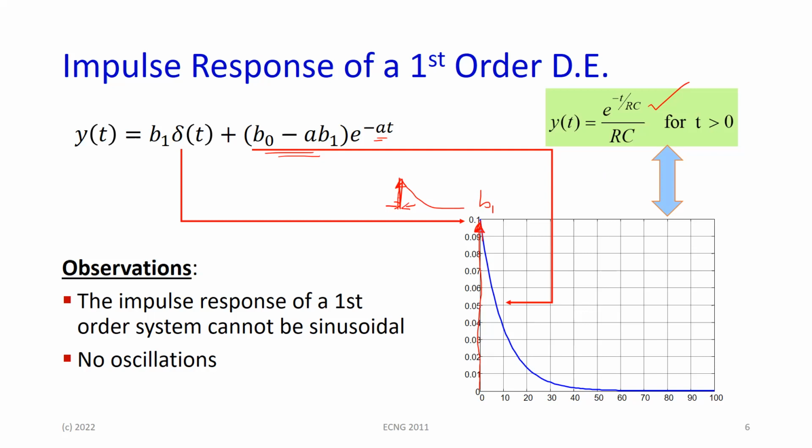So the important thing to draw from this, first off, is that the impulse response of a first order system cannot be sinusoidal. In other words, there are no oscillations. You're not seeing anything looking like this, you're not seeing anything doing this sort of behavior at all. So anytime you encounter a first order system, there's no way the impulse response can give you a sinusoid.